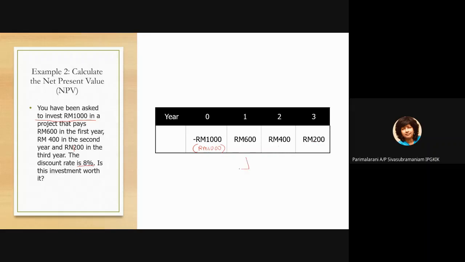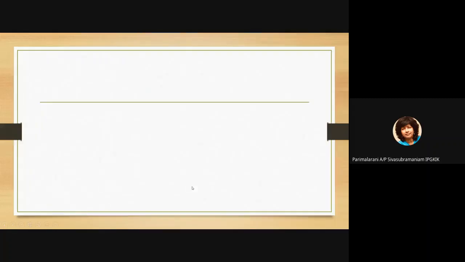So now what must you do? You must find the present value of 600, the present value of 400 and the present value of 200. Okay, so find the present value of 600. Discount rate is 8%, which is 0.08, first year. So this is to the power of 1 and you get that much.